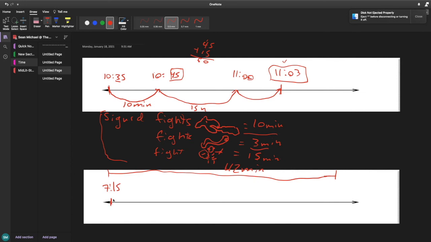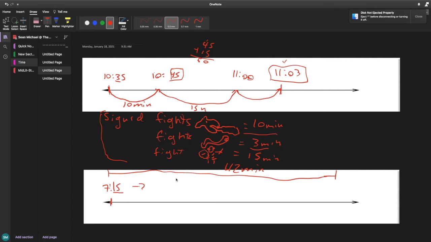So how many minutes would it take to get up to 8 o'clock? Well, it's going to take more than 45 minutes. So we actually know that this is not good. We can't do that. So we can just break this up, or we could just add 42 to 15.